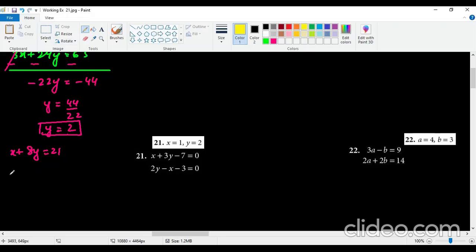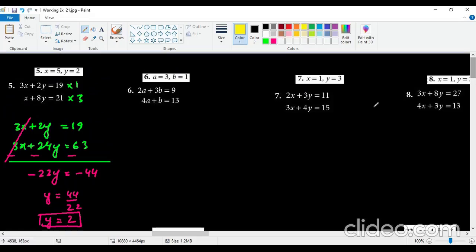So x plus 8, y value is 2, equals 21. That means x plus 16 equals 21. So 21 minus 16 is going to give us 5. That's the answer for this question.